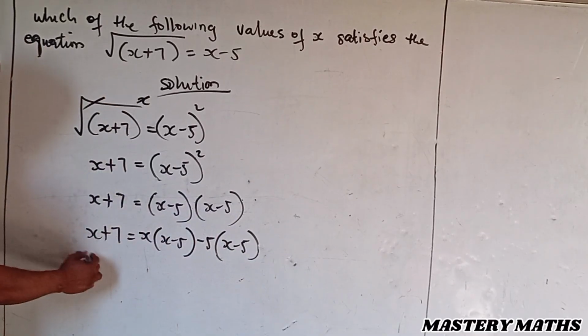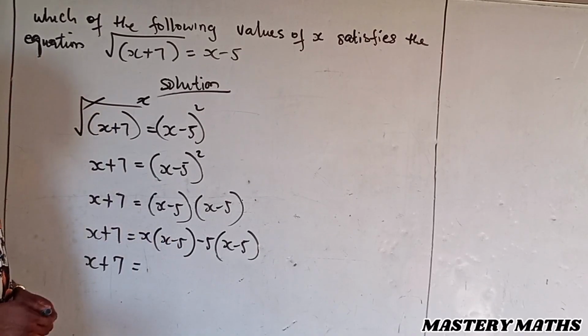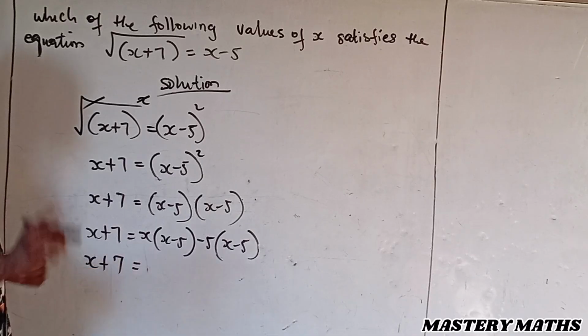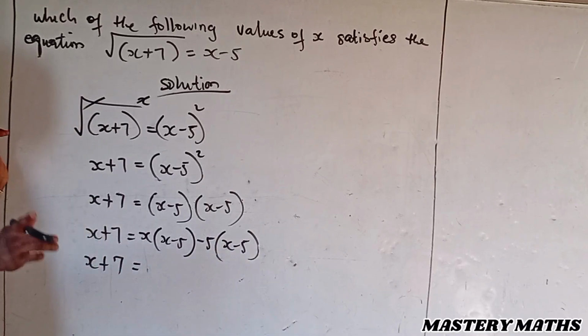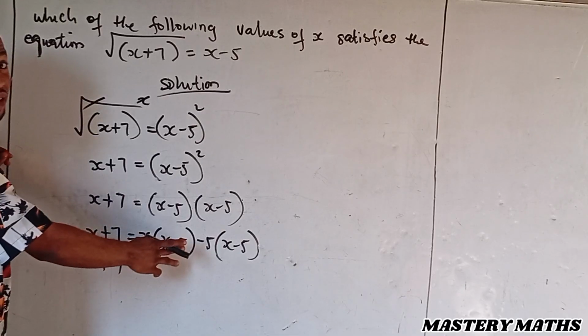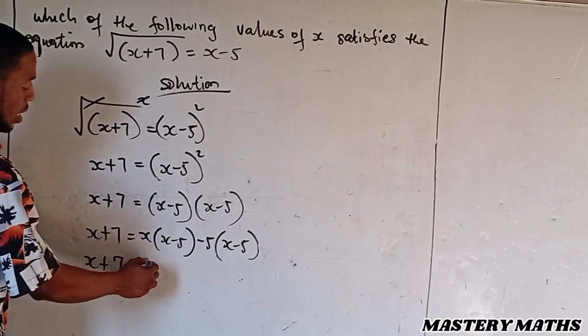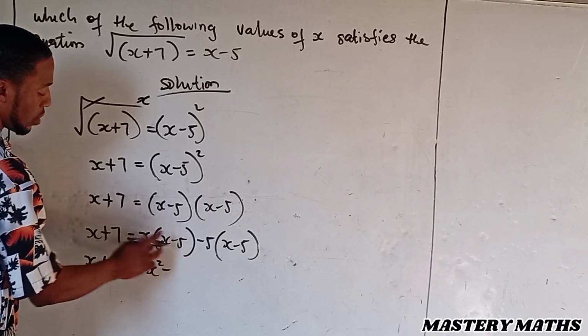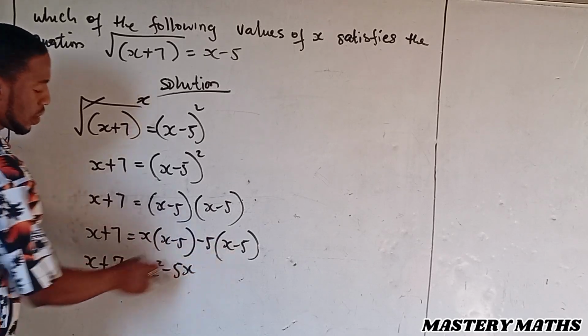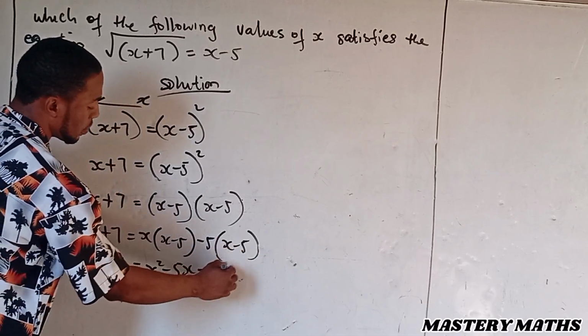Now you bring your x plus 7 down. Now let's open the bracket. In order to open the bracket, we use the letter you're seeing outside to multiply everything inside. So your x times x will give us x squared, minus x times 5 is minus 5x. Then you have your minus 5x.